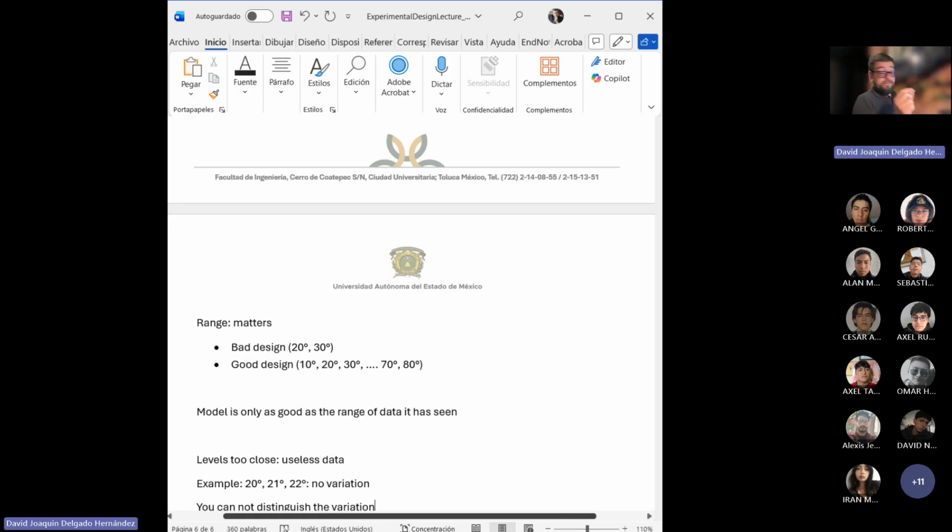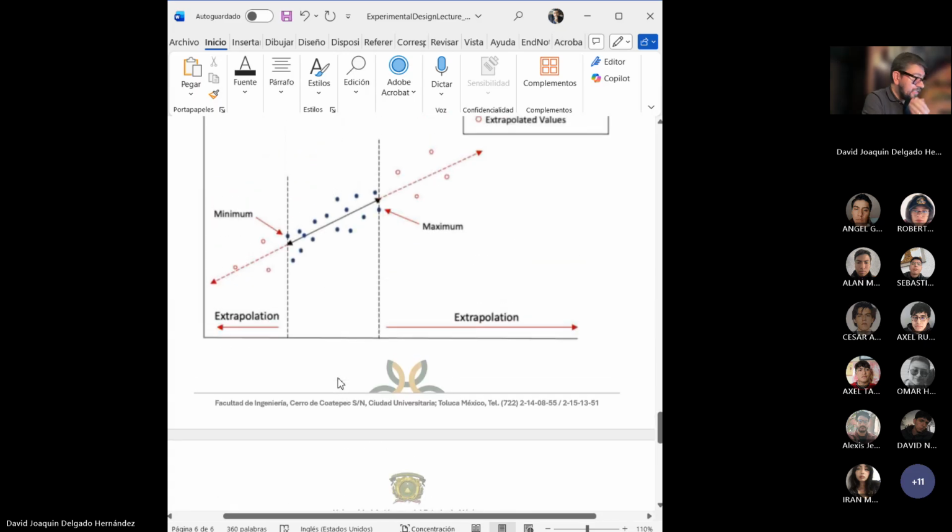For instance, if I am just looking at very close points, I cannot determine whether there is an important variation. But what happens when I use a value that is separated? For instance, this maximum is separated from the minimum, so I can already see this variation.